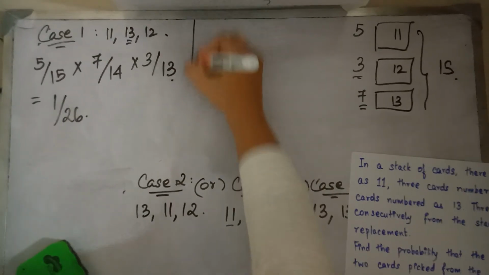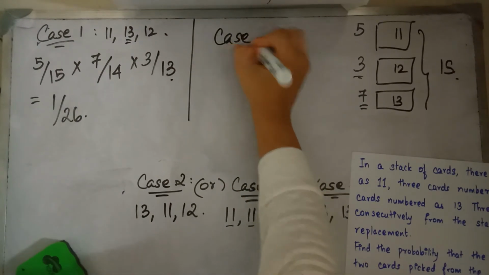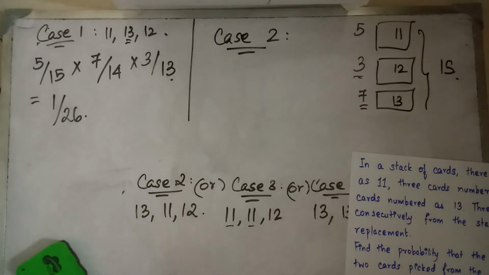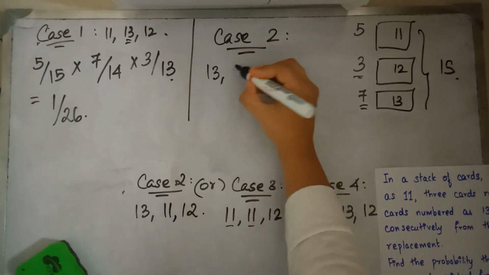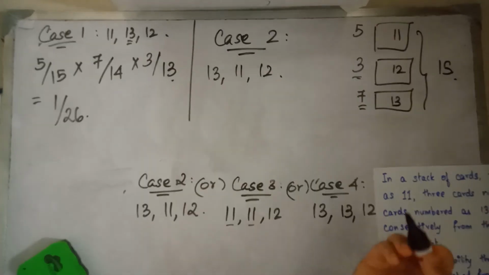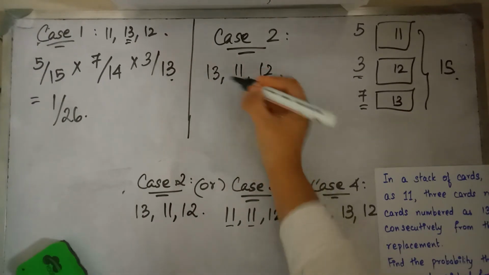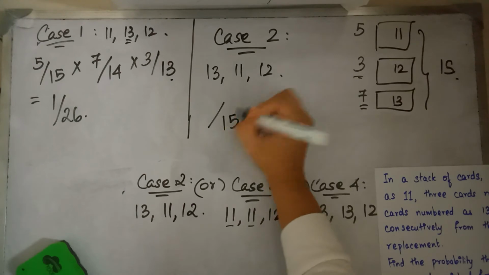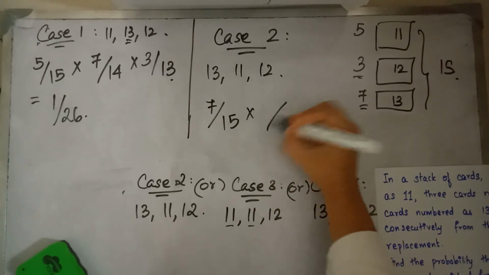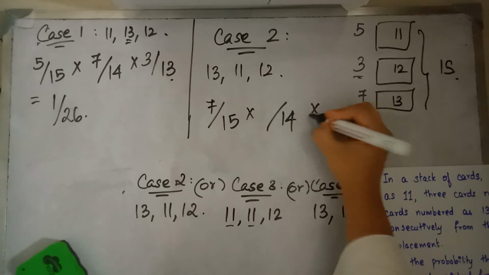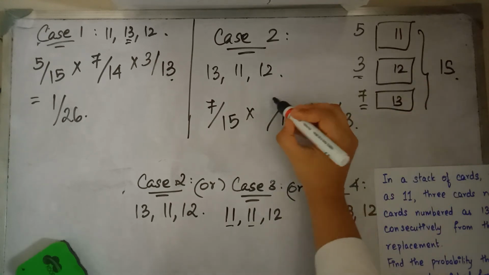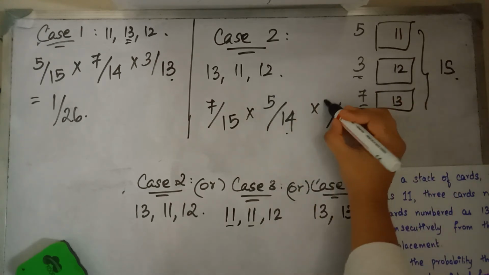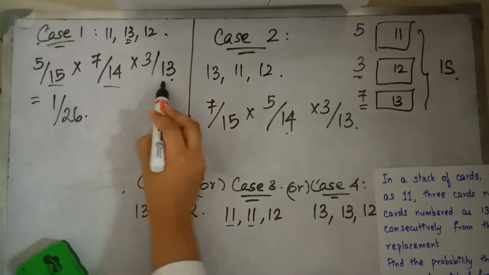Let's look at case 2. In case 2, I need to get 13 and then 11 and then 12. What's the probability of me getting 13? 7. Probability of me getting 11 would be 5 and 12 would be 3. It will be the same as this one.